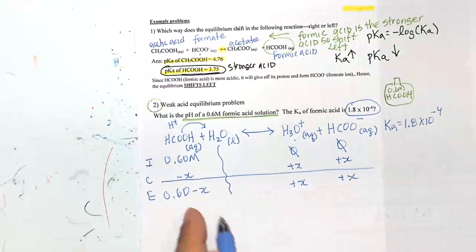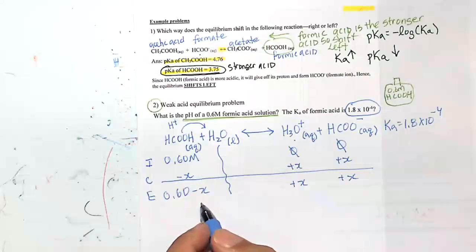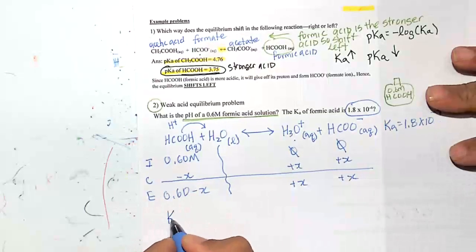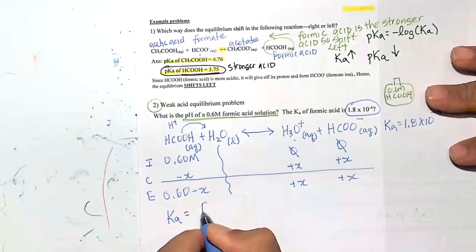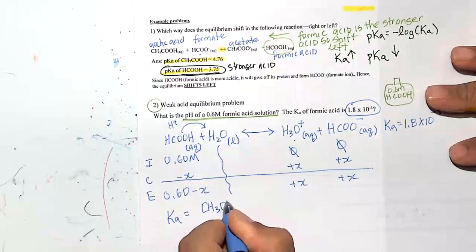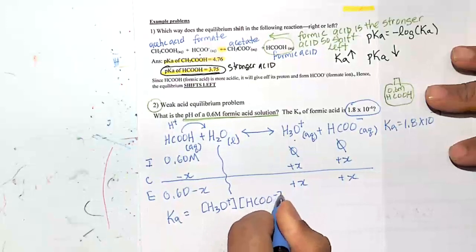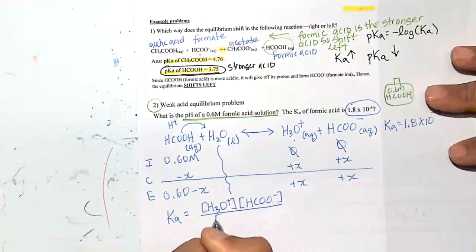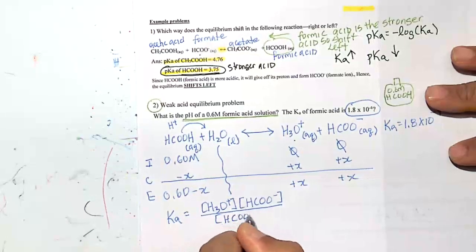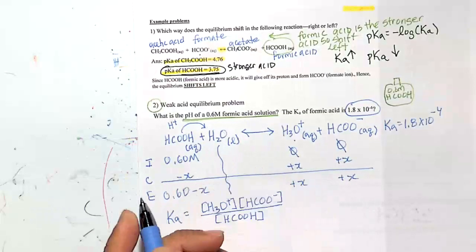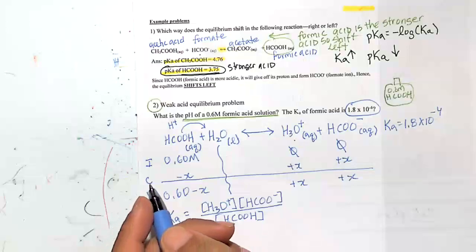These are our equilibrium concentrations. So let's plug it into the equilibrium expression. Ka is equal to H3O plus times HCOO minus divided by HCOOH. Why did I not add water to this? Because it's a liquid.